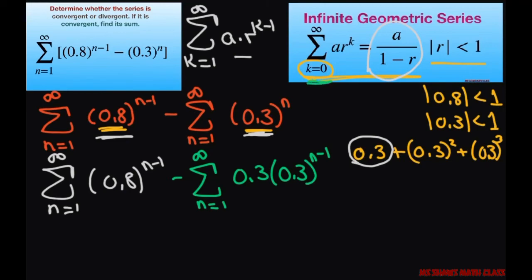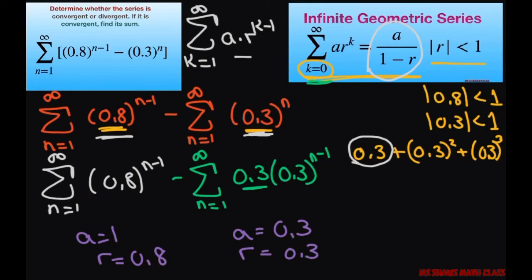For my formula, I added 1 and then subtracted because I added this. Now, given that for the first one we have a equals 1 and r equals 0.8, and for this one a equals 0.3 and r equals 0.3 as well, both of these are going to converge to a divided by 1 minus r, and then we just have to subtract.